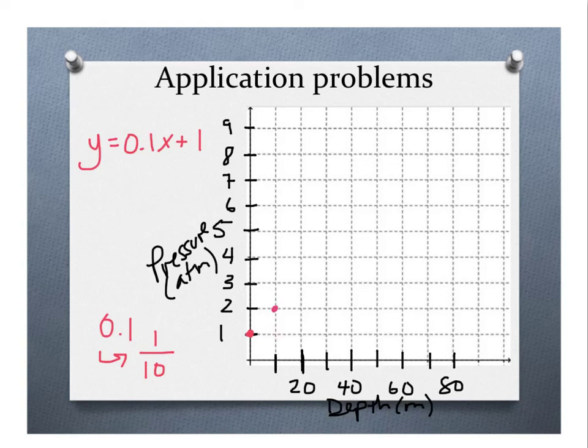So rise of 1, run of 10, but it really looks like a slope of 1. That's one reason why I told you guys that for regular old graphs that aren't consumer applications, go ahead and put the same unit on each side, the same numbering, I should say, on each axis, on the X and the Y. But when it's a consumer application, it's a little bit different. All right, and there's the graph that relates the pressure as it changes with the depth.